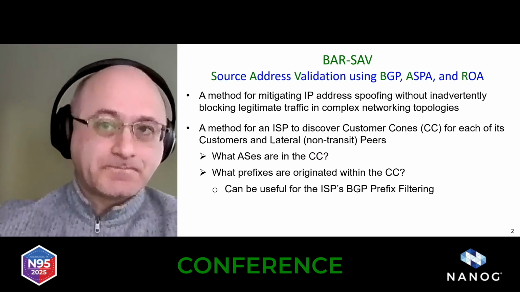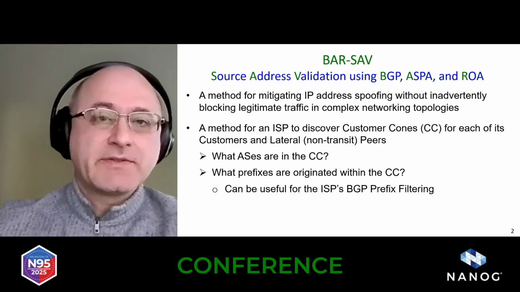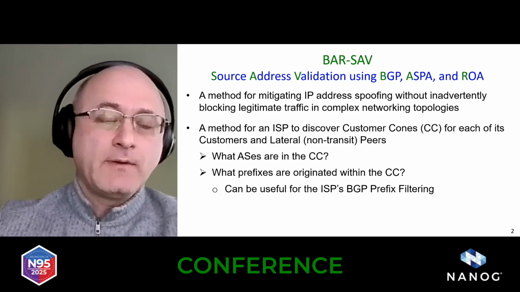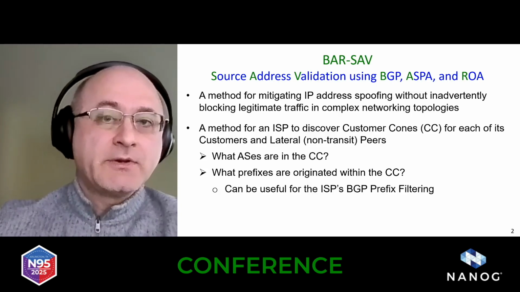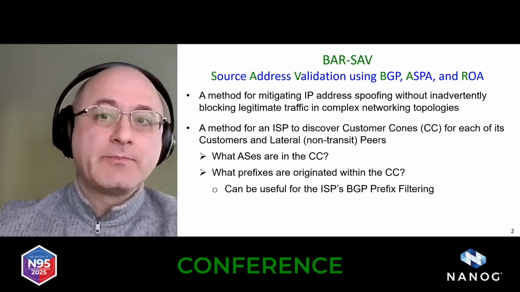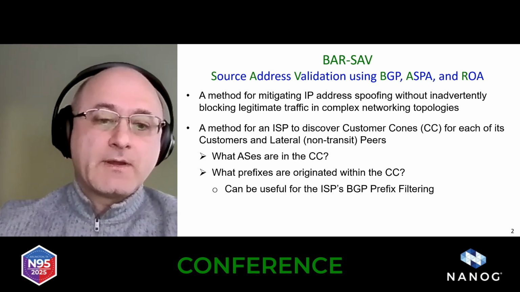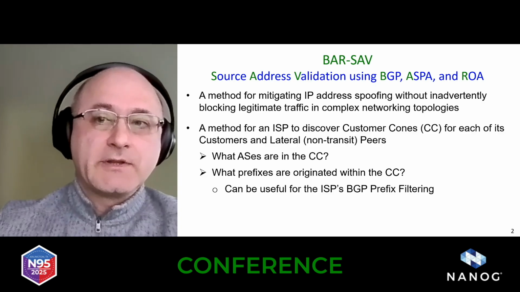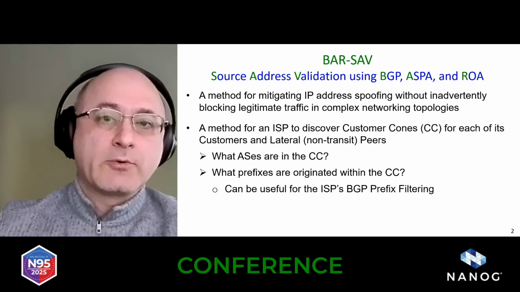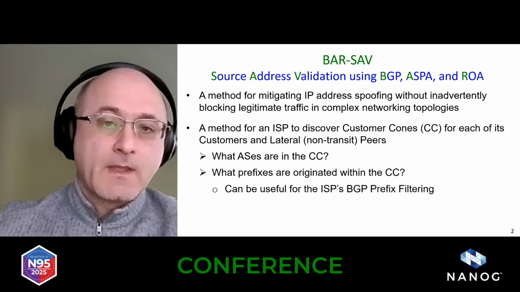What is BAR-SAV? It stands for source address validation using BGP, ASPA, and ROA. It's basically a method for mitigating IP spoofing in complex networking technologies, and obviously trying to minimize or completely reduce what we call improper block, which is blocking of legitimate traffic.